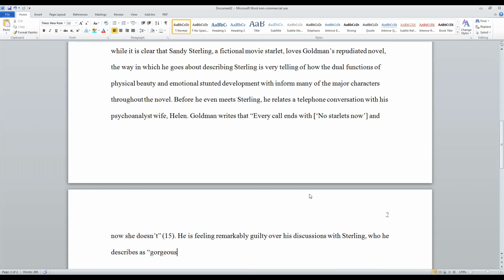Well, okay, yeah, he describes her as gorgeous and goes on to explain that she is essentially an ideal, an idealized woman, a physical, that she is a physical ideal.